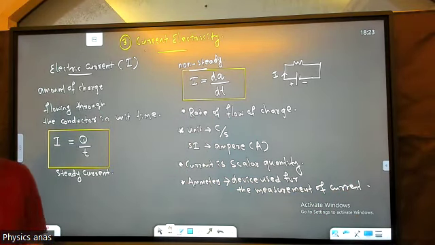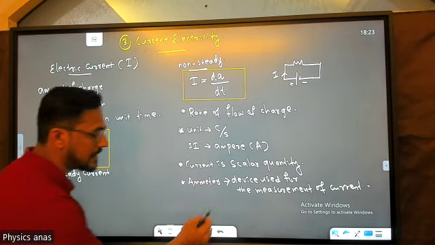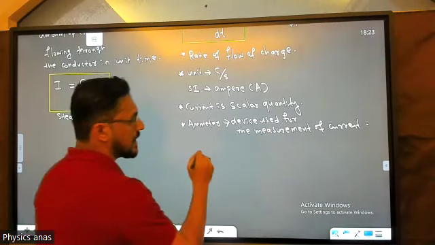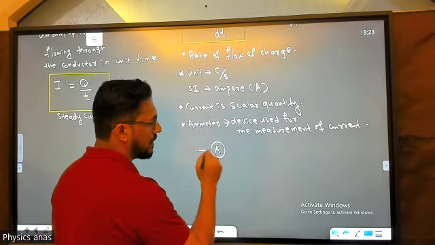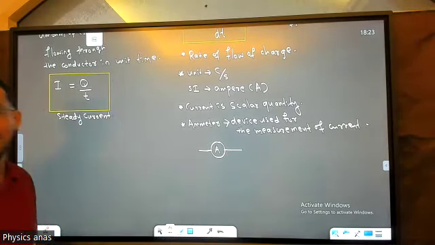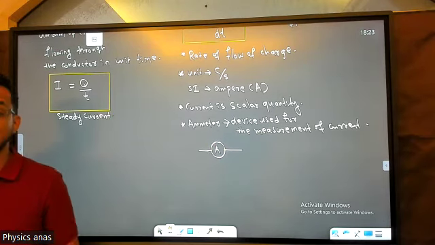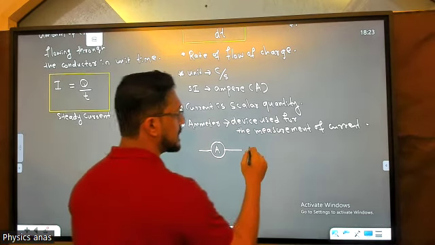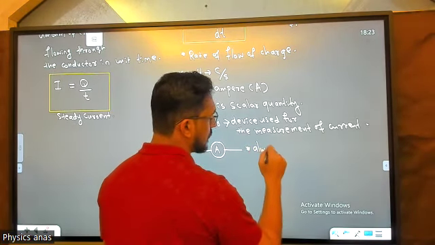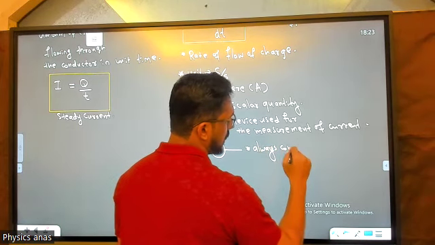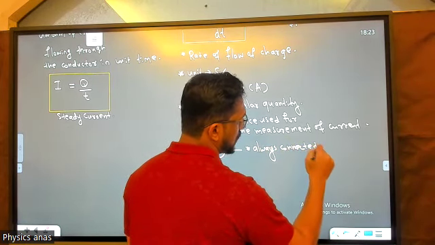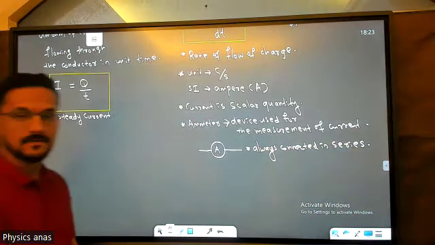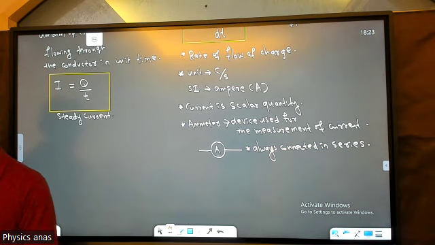Got it? What is the symbol for ammeter? Do you remember? Symbol for ammeter will be A inside a circle. It is always connected in series in a circuit. Always connected in series. Okay.